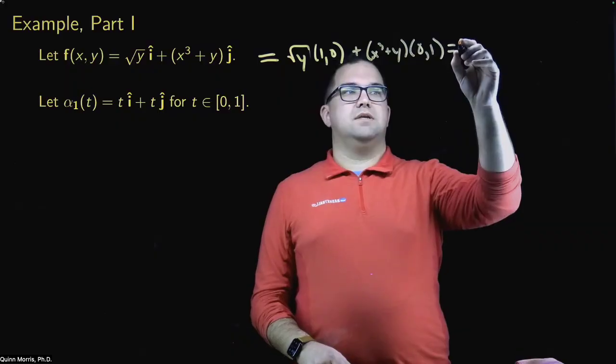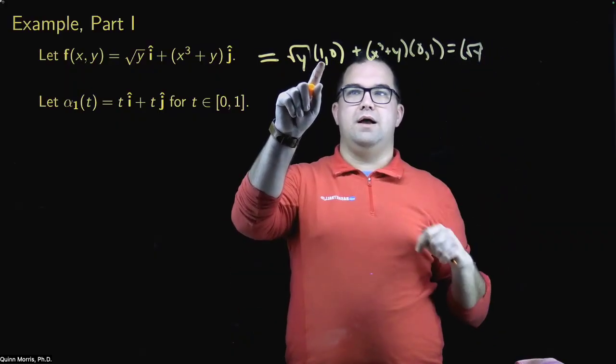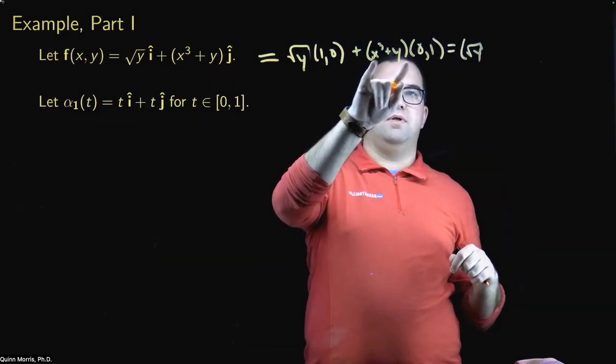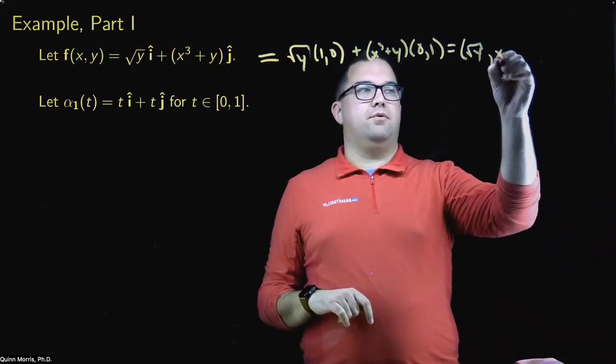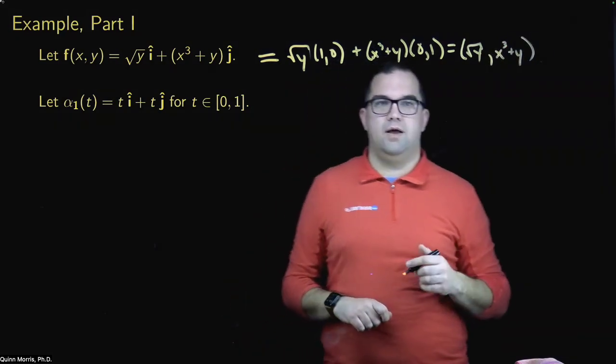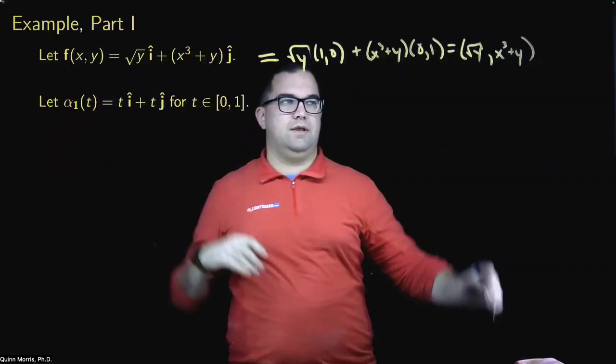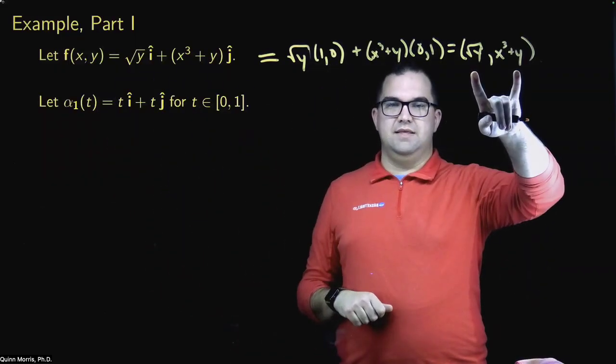So this ends up being the square root of y in the first component, square root of y times 1 plus x cubed plus y times 0. In the second component, I just get x cubed plus y. So really, all this notation is doing is giving you the x component and the y component. We could write it as a vector in this way.